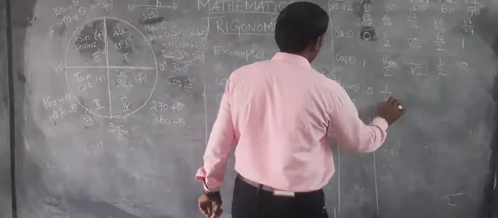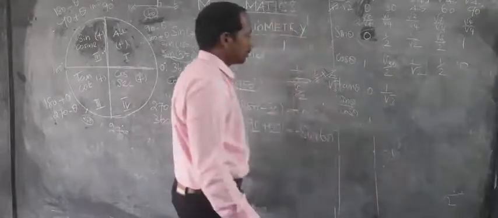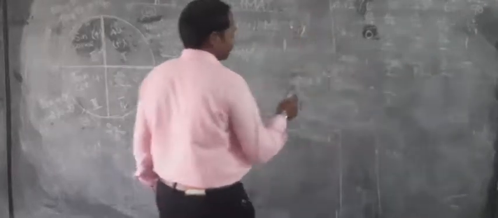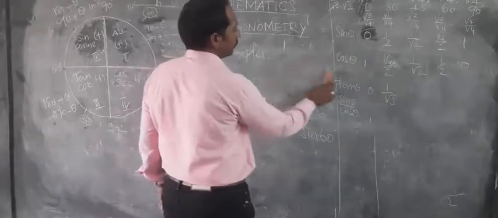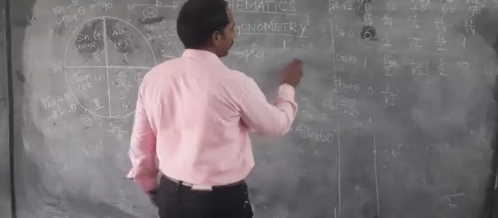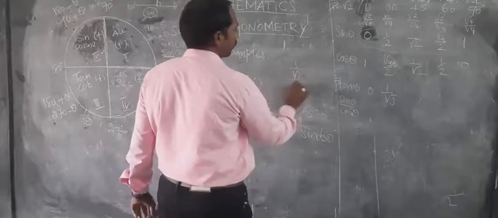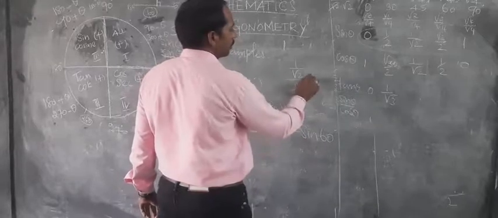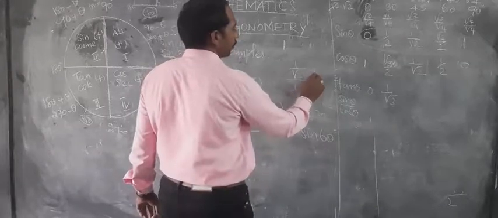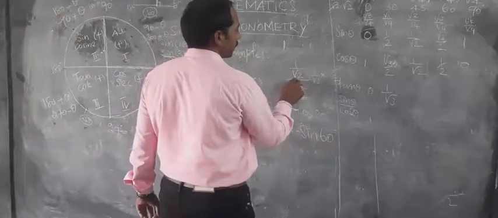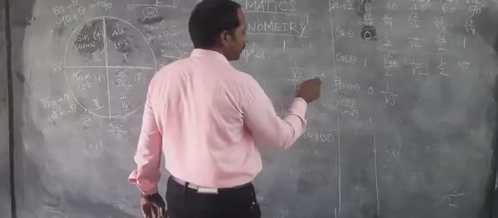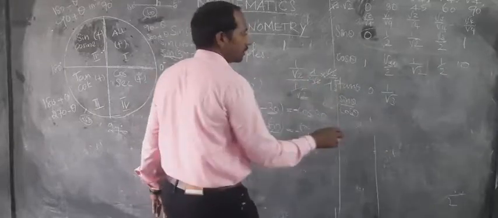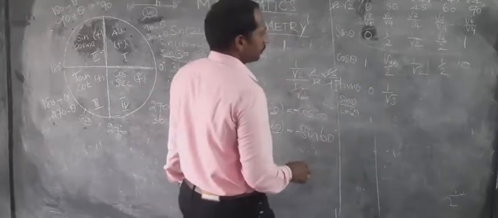Here also, if you divide both values, 1 over root 2 divided by 1 over root 2, it is the same value, but you follow the same procedure: 1 by root 2 into root 2 divided by 1, because divide changes to multiplication. So you cancel all the things, it will come 1.